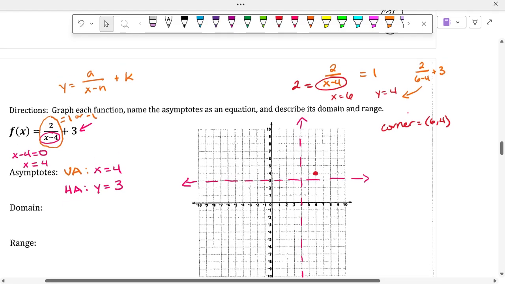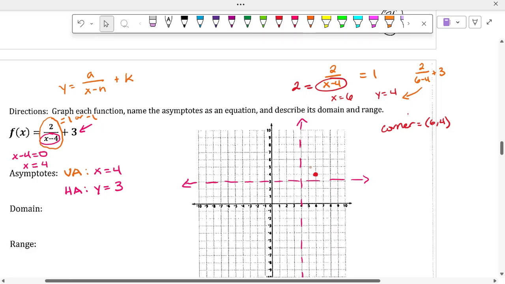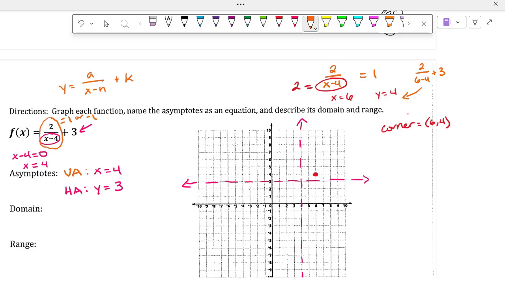Now, there's also another positive corner point that I can get. That's just one corner point, but there's another one within the positive realm. It's based off of your A value as well. So if I look at my A value, what's my A value? 2.